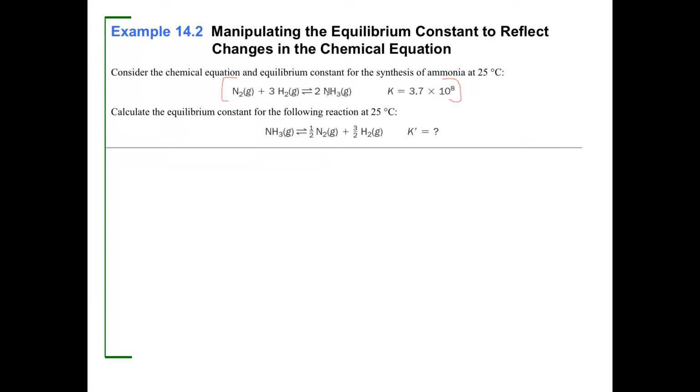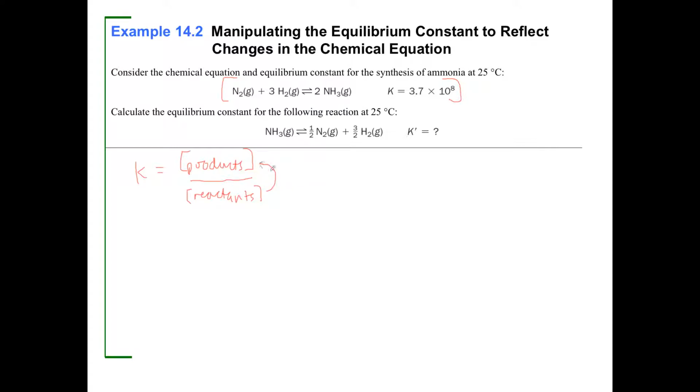Can you see that over here, I've got NH3 as a product. Here it's a reactant, right? So if K, looks like I misspelled that, it's products over reactants, then this K is going to be switched, right?